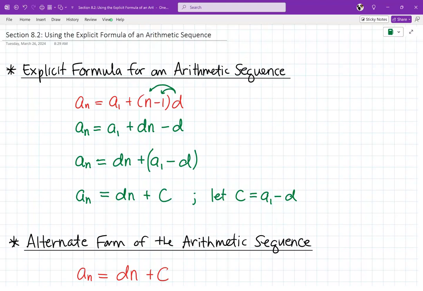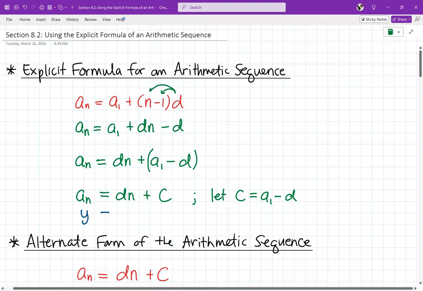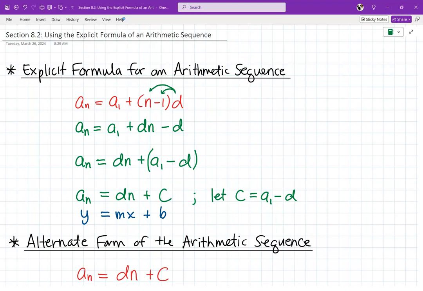Now, the good news is you don't really have to know that definition too much, c equals a1 minus d, but you do have to know a sub n equals dn plus c. I don't know if you guys see it, but this is basically y equals mx plus b. It just looks different, but it's the same thing.